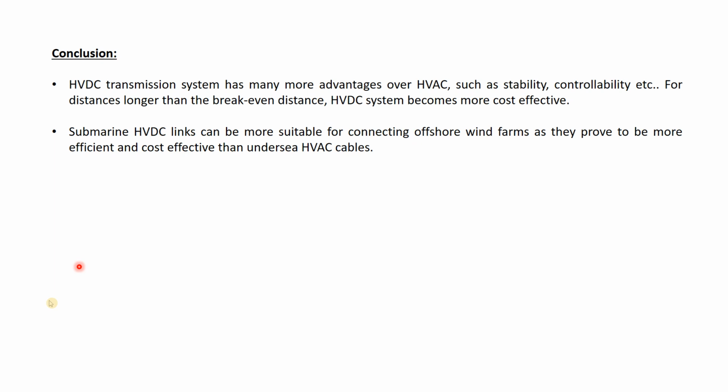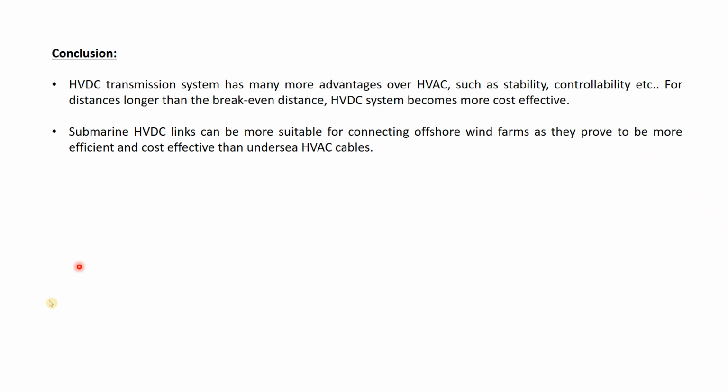Submarine HVDC links can be more suitable for connecting offshore wind farms, as they prove to be more efficient and cost effective than undersea HVAC cables, because in undersea or submarine power transmission the distances are very long, more than a few hundreds of kilometers.